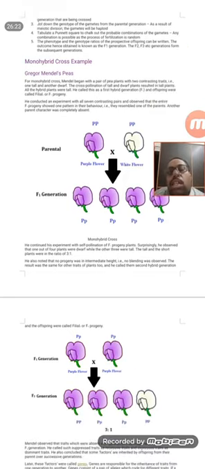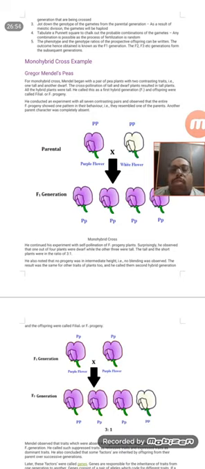So he crossed them. In the F1 generation, he got all plants tall. Here, all the flowers were violet. He may have been expecting a mixed color, or a few violet and a few white.